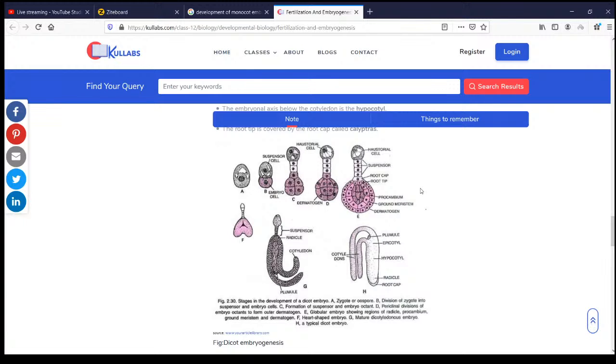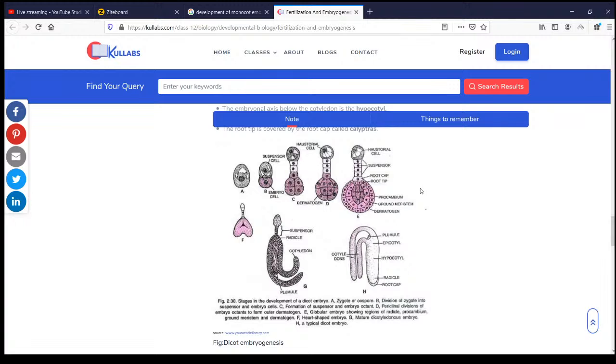Later on, by the same process which I described in the case of dicotyledons, the periblem and plerome are also differentiated. All these regions formed from the octants develop into a single terminal cotyledon, because we are talking about the monocots here.